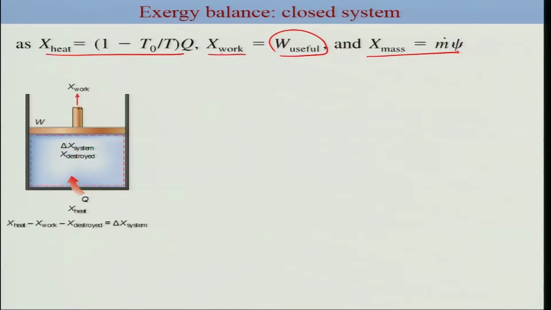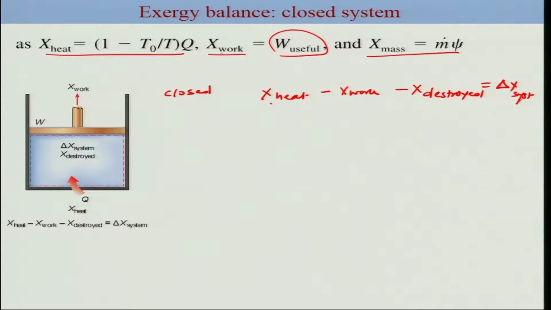Now, what we can do is we can do this analysis for the exergy balance for a closed system. So, we have considered a closed system here, which means the mass contribution is not there. So, for a closed system, okay, X heat minus X work would be your total or net exergy transfer to the system, minus X destroyed, okay. So, that will be the change in the exergy of the system, okay.